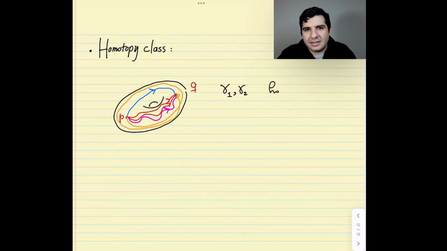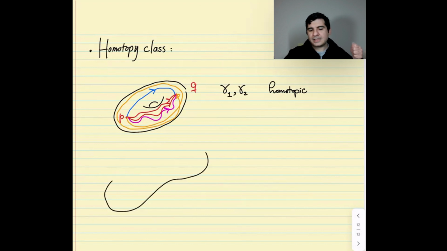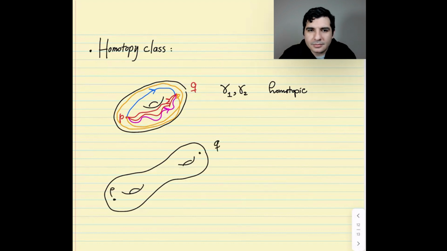The other way of saying it is that two curves, gamma 1 and gamma 2, are homotopic, or are in the same homotopy class, if you can deform one to the other while fixing the initial and terminal points.